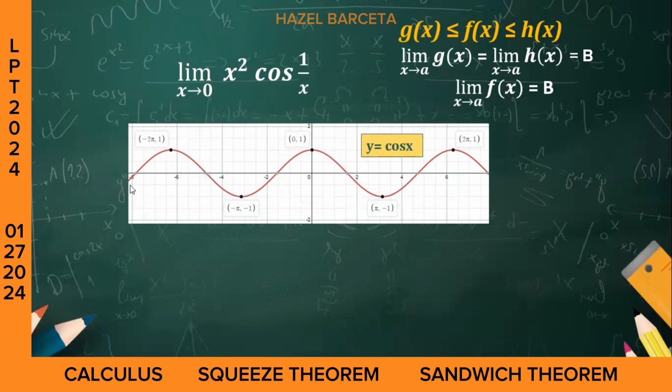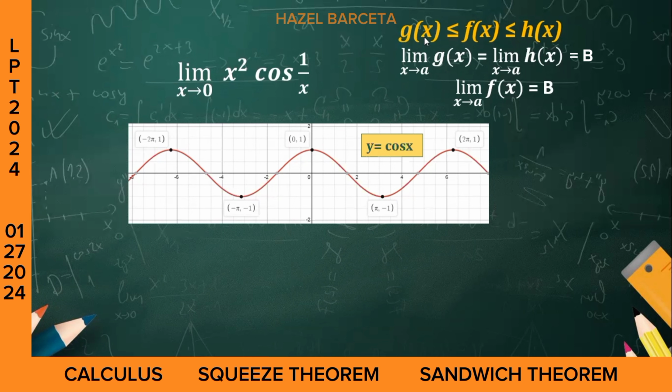Dyan lang, chill-chill lang siya dyan. Ang pinakamababa po ay negative 1 at ang pinakamataas ay 1. So, dyan lang po siya papasok. Right? So, for cosine, negative 1 and 1, yung pinakamalaki.